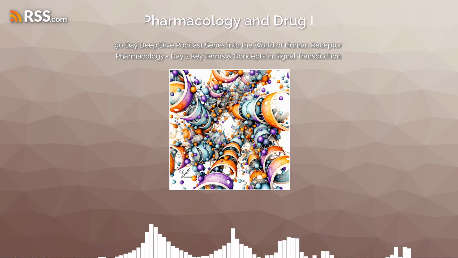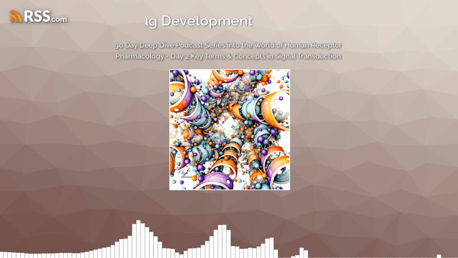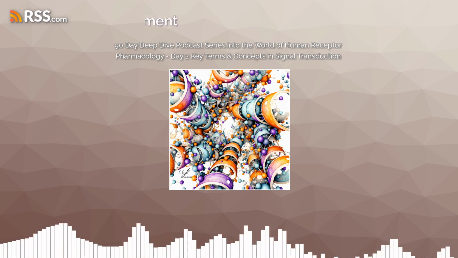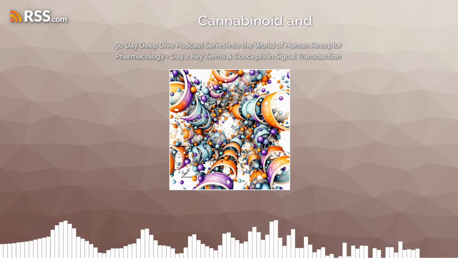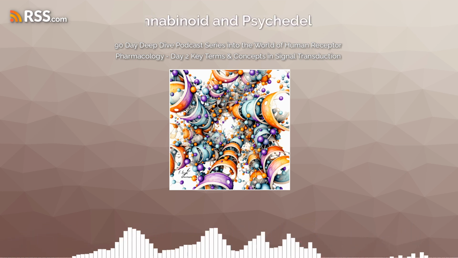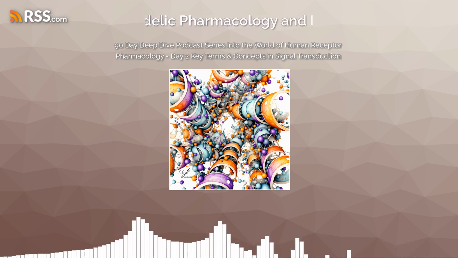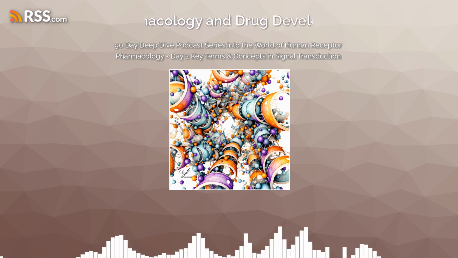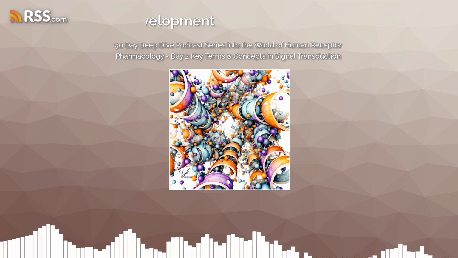Imagine you're designing drugs that specifically target these dimers, rather than individual receptors. That's incredible. It could lead to therapies that are even more precise and targeted. Exactly. It's all about understanding that intricate language of receptors and then using that knowledge to develop smarter, more effective medications.